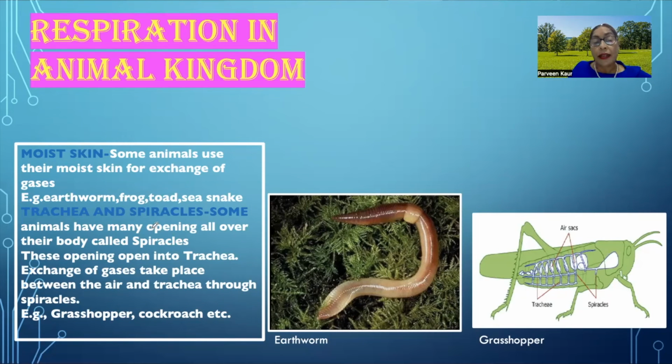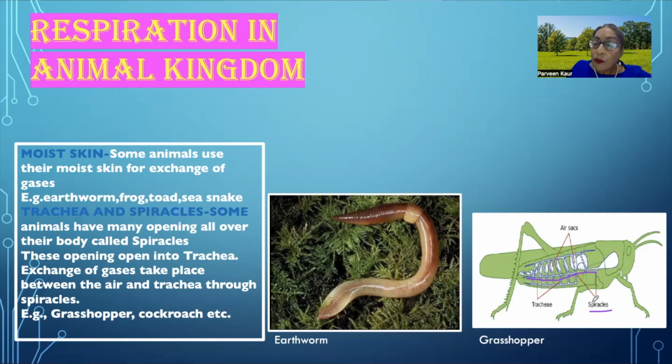Trachea and spiracle. Some animals have many openings all over the body. Here you can see these tiny openings are called spiracles. And this is the structure of a grasshopper. In cockroach also the same kind of structure is available.